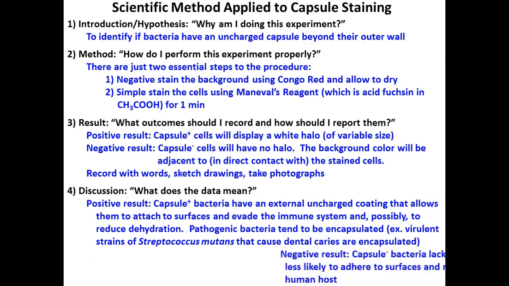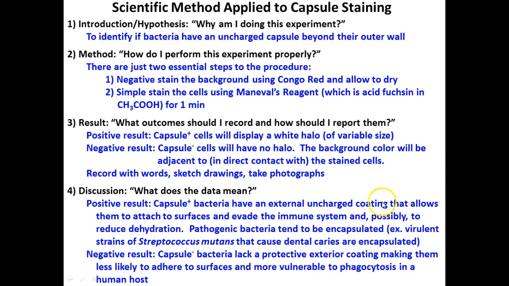So, our scientific method, right? Why is this important? Because encapsulated bacteria typically are pretty pathogenic for us, right? They can stick to us. Klebsiella pneumoniae, right? I already told you guys, that one's going to have a really thick capsule. It causes a really bad form of pneumonia because it can stick to us. It can evade phagocytosis by our white blood cells, right? It's bad news. But again, nobody's licking petri dishes.